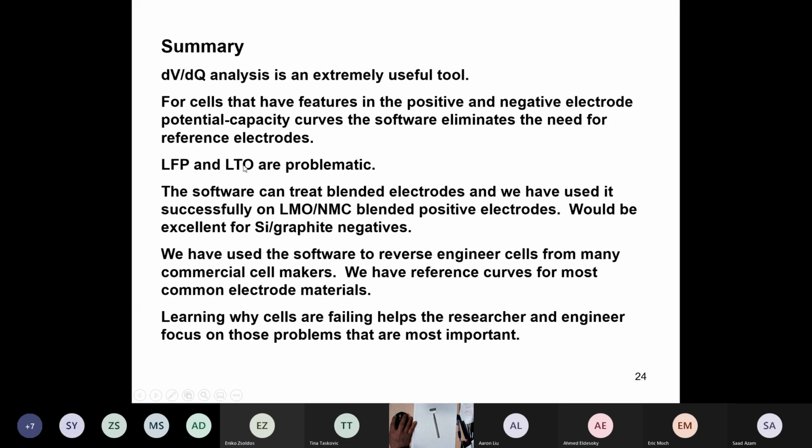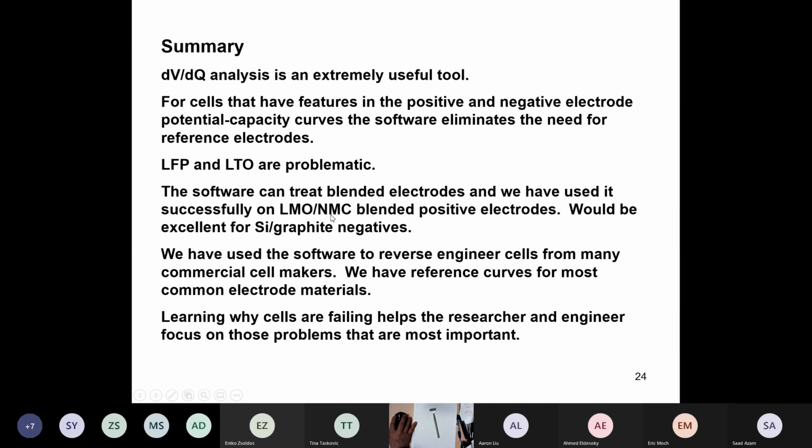Obviously, LFP and LTO are problematic because their voltage capacity curves are completely flat. There are no features, so these are problematic to use for DVDQ analysis. The software that I'm sending to you can treat blended electrodes, and we've used it successfully on LMO, NMC blended positive electrodes. So you can tell the program, look, it has a positive electrode made up of LMO, and give a reference curve for that, and NMC, and give a reference curve for that.